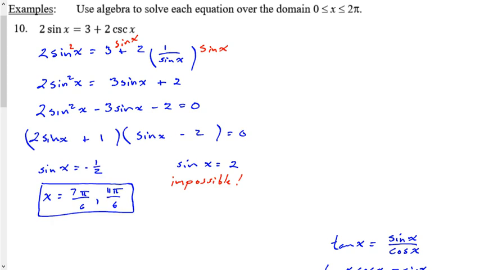Any questions with number 10? Prableen: How'd you know that sine x equals negative 1/2, like, how'd you go from sine x equals negative 1/2 to x equals 7 pi over 6 and 11 pi over 6?